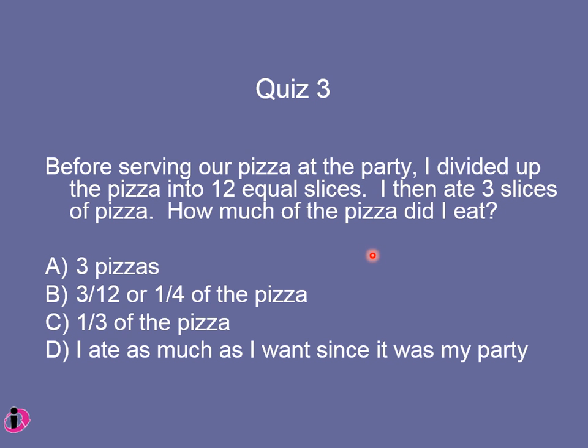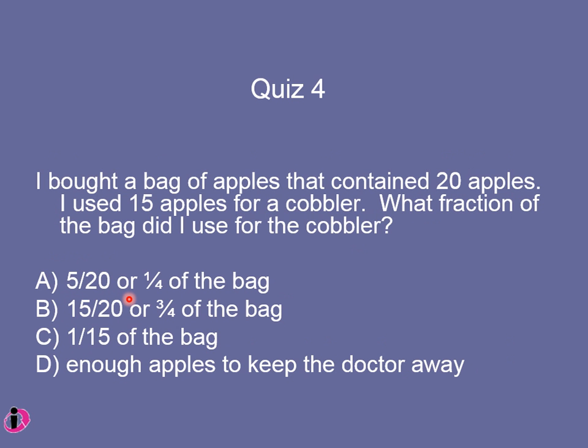Which is 3/12 of the whole pizza. Because each equal slice was 1/12, and you ate 3, right? Any questions here? So the right answer is B, okay, which is also equal to 1/4 of the pizza. We'll show you how we simplify the fraction, meaning how we get from 3/12 to 1/4. We'll show you here.